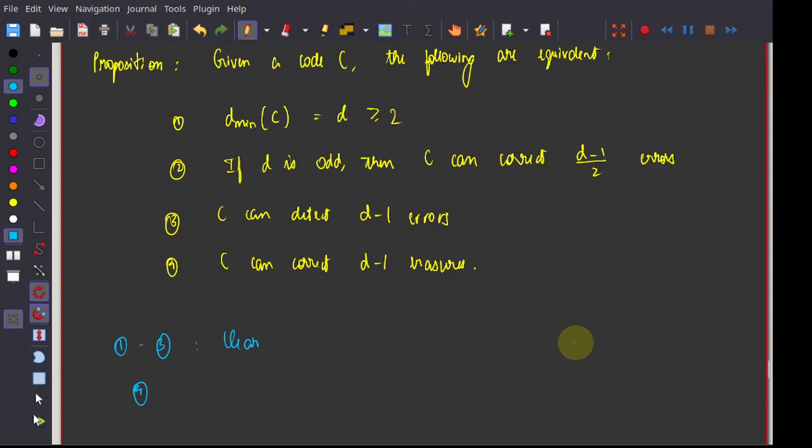What is the minimum distance for this code?